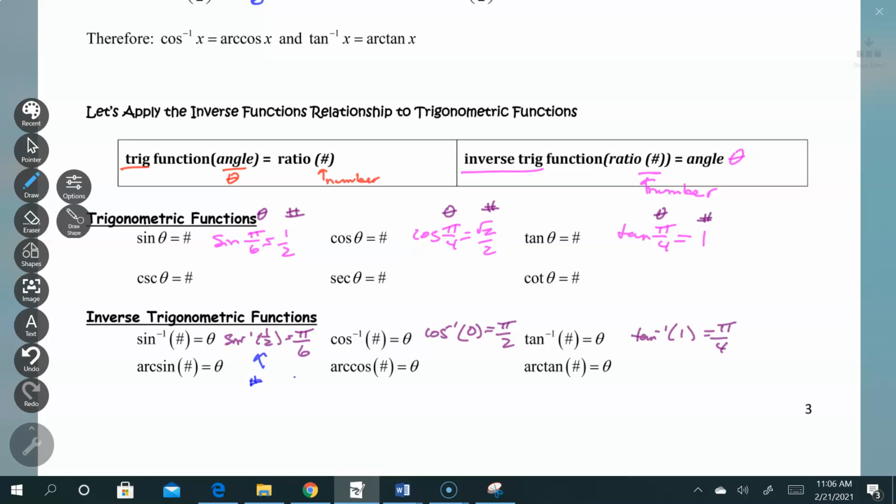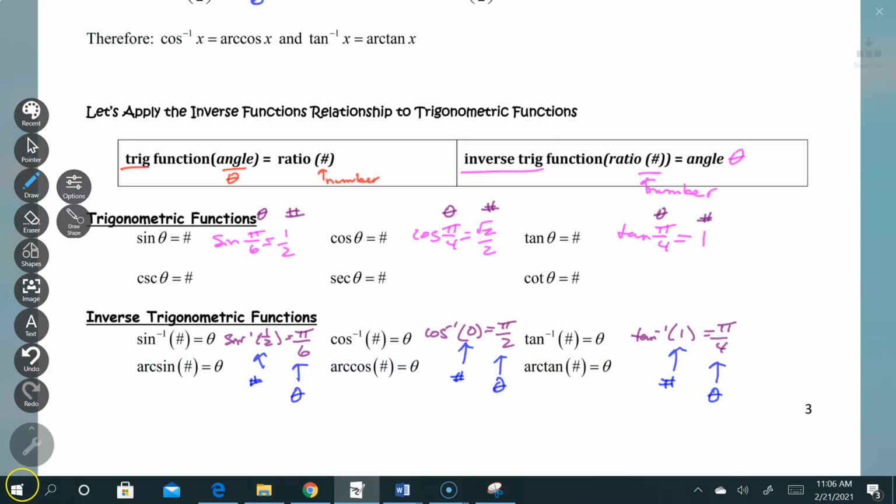That's a number, and my result is an angle theta. Number, angle theta. So when we do inverse trig, inside the parentheses is a number, like 1 or 0 or radical 2 over 2, and our result is always an angle.